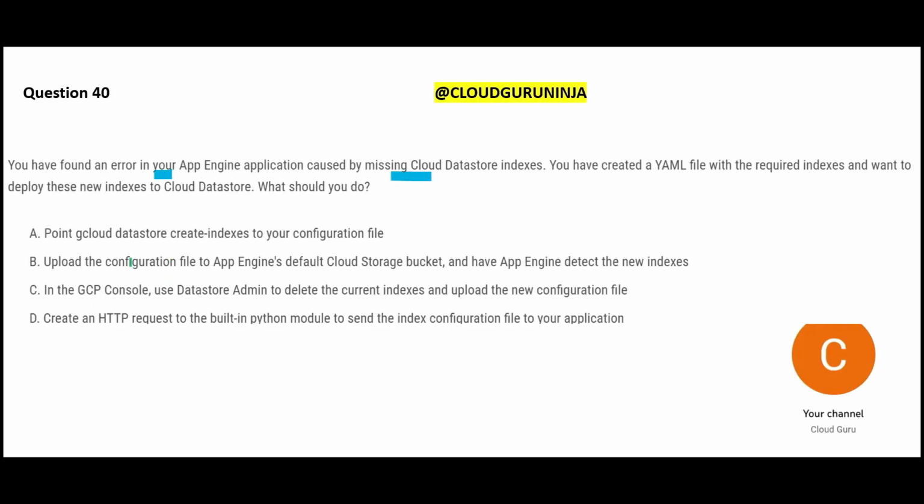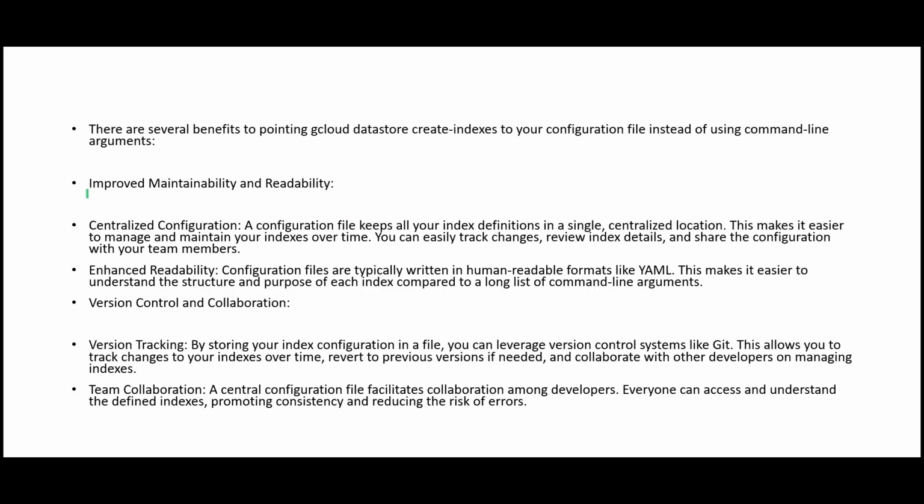Now, option A says let us point gcloud Datastore indexes to your configuration file. This is the right option, because there are several benefits of doing it. It improves maintainability and readability. The centralization of configuration becomes important here, because the configuration file keeps all your index definitions in one central location. This is very important from a manageability and maintenance perspective. It enhances readability, because configuration files are in human readable format like YAML.